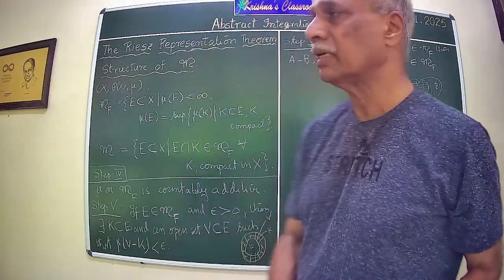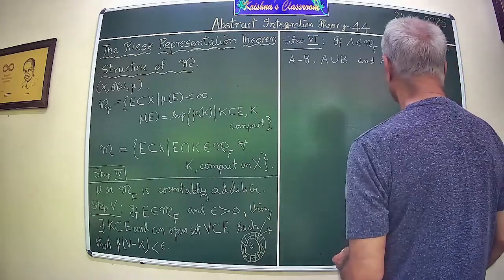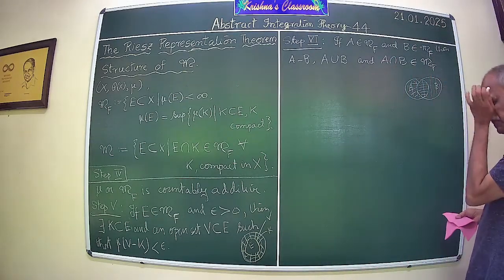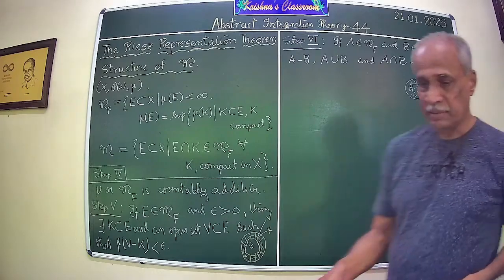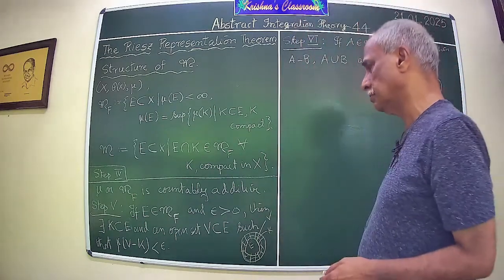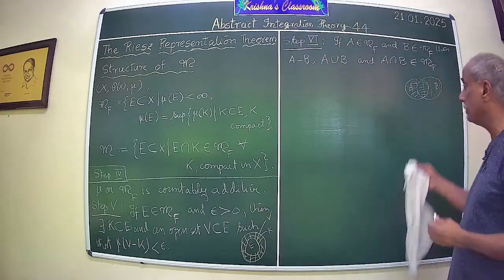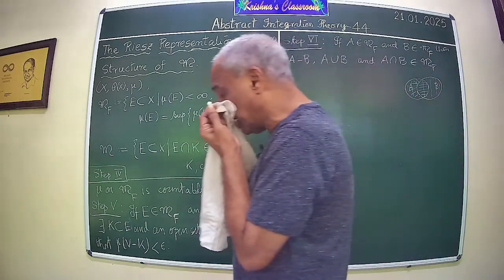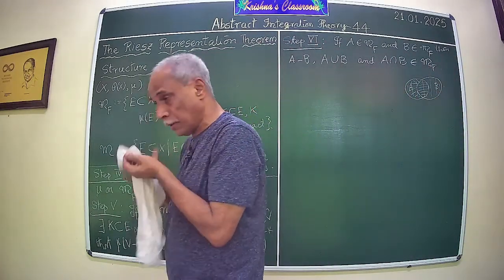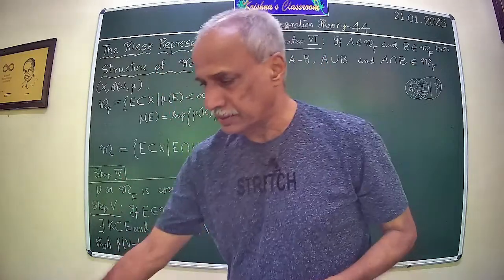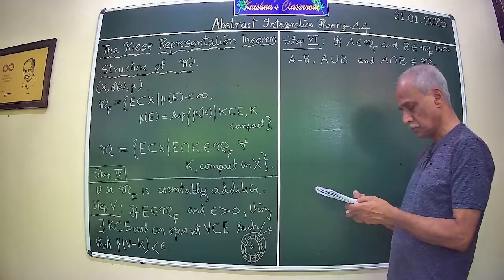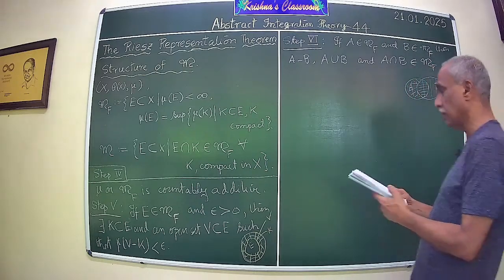This is again a step towards proving that M is a sigma algebra, as we shall see soon. But we shall prove this first. This is just simple manipulation of operations on sets.